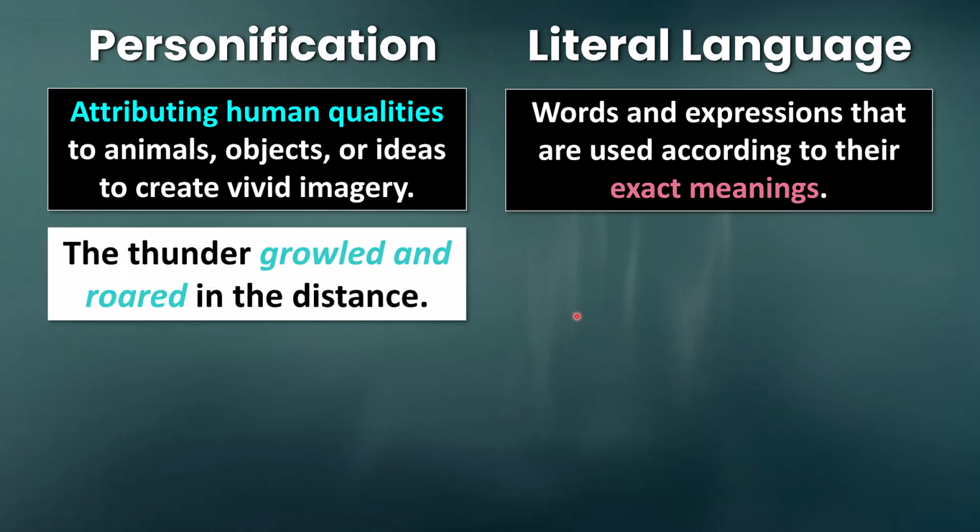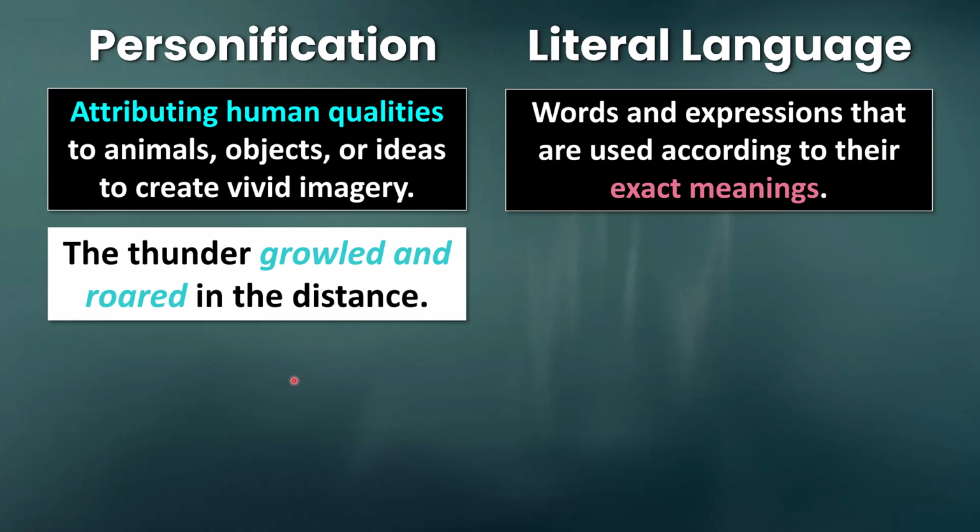The thunder growled and roared in the distance. So, of course, thunder cannot actually growl and roar. Animals growl and roar. So, in this example, personification is used to attribute animal-like characteristics to an inanimate object or phenomenon.